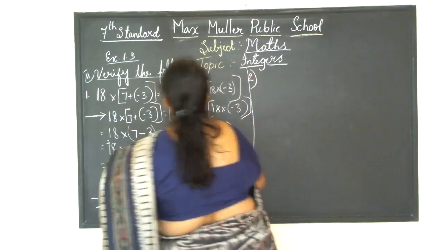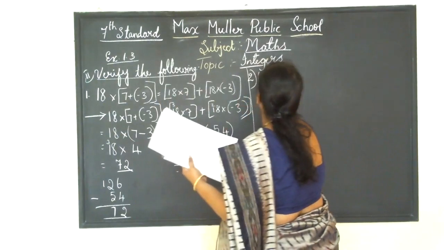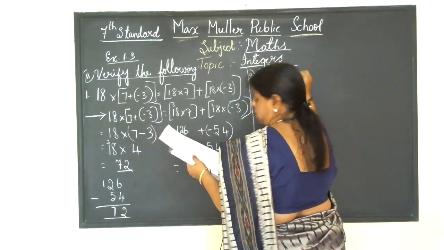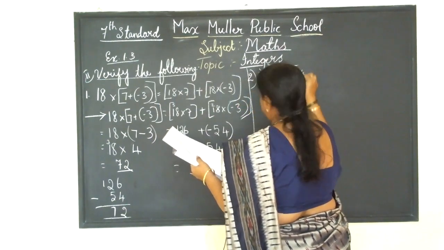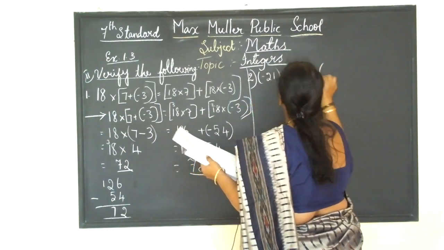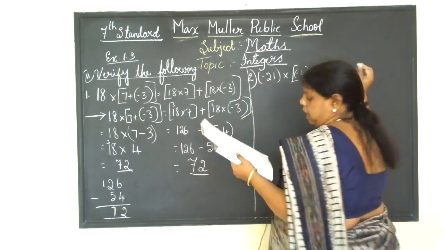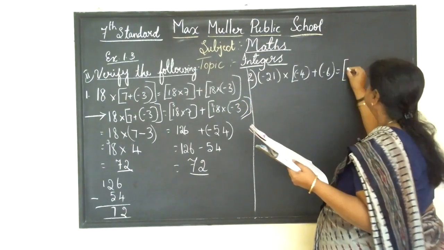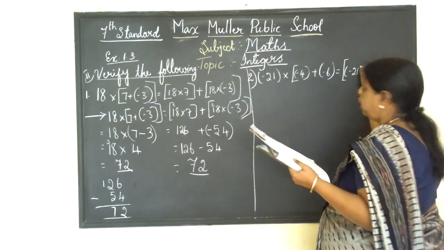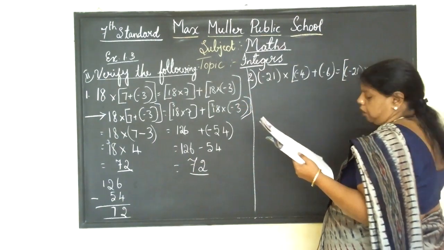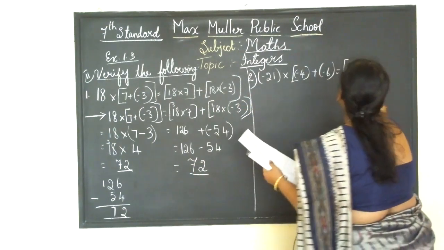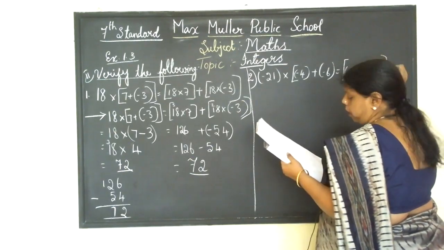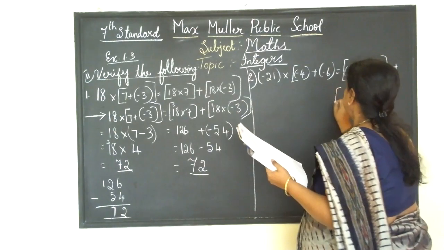Second one: minus 21 into (minus 4 plus minus 6) must be equal to minus 21 into minus 4 plus minus 21 into minus 6. If you can't see here, you have your textbook, isn't it? I hope everybody has purchased it.